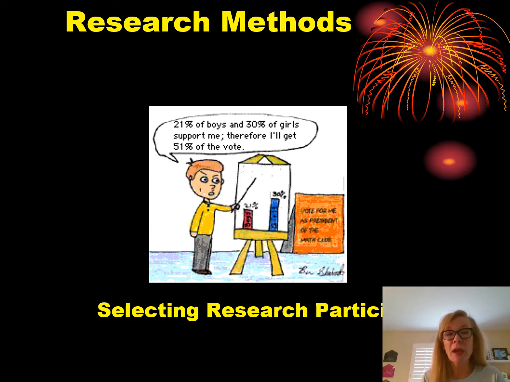The last chapter that we covered, defining and measuring variables, really addresses the issues that will be discussed in your materials subsection. This chapter on selecting research participants is going to address issues for your consideration in writing your participants subsection.